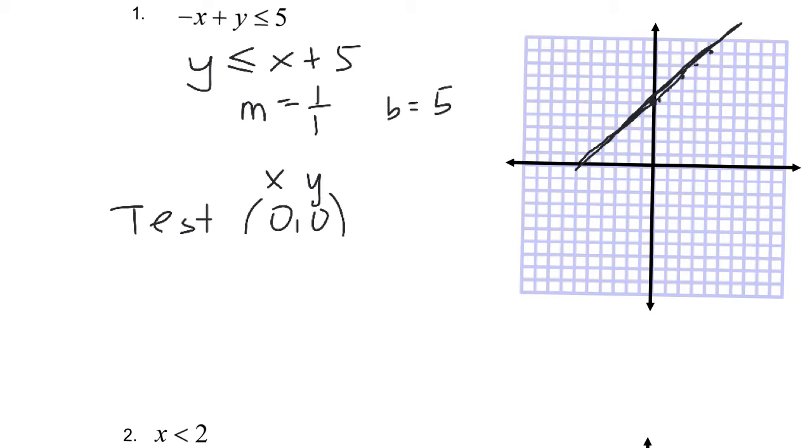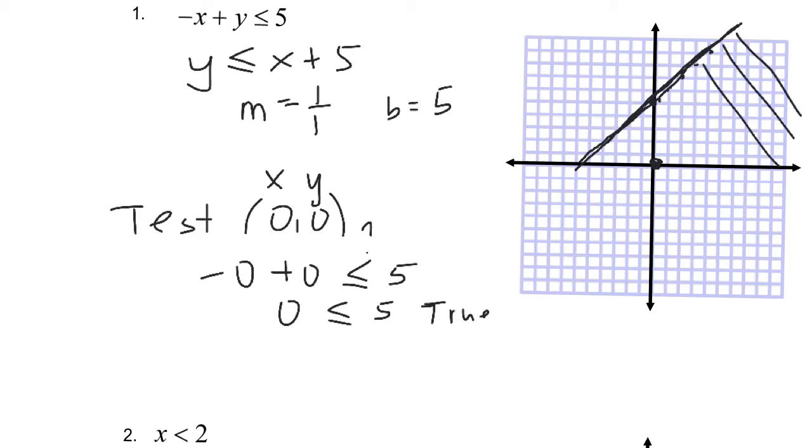You will get negative 0 plus 0 less than or equal to 5. I'm going to put a question mark above it because I'm testing it. 0 is less than or equal to 5. Now this is a true statement. That means that 0, 0, which is the origin, should be shaded. So that means that I am shading anything below the line.